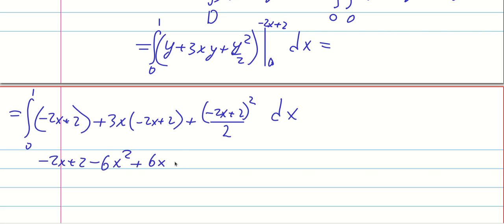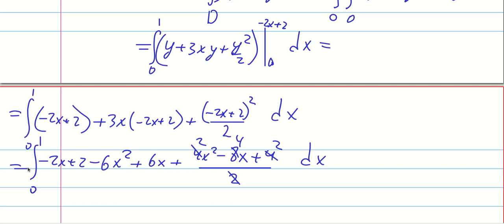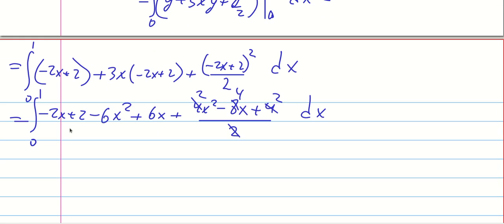So what are we going to get? We get 4x squared minus 2 times 2 times 2, which is 8x, plus 4, divided by 2. So we divide, and let's see what we get.